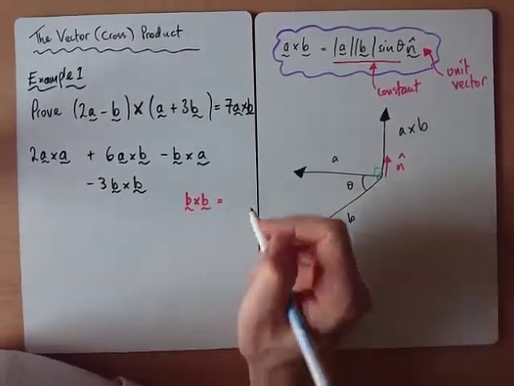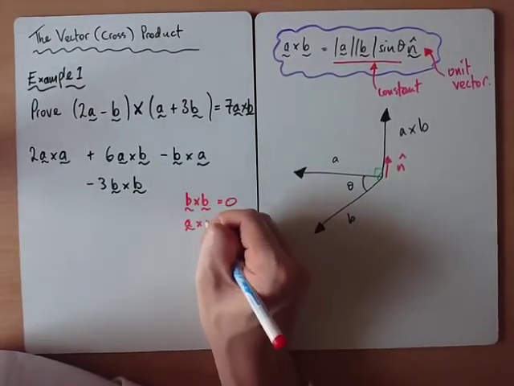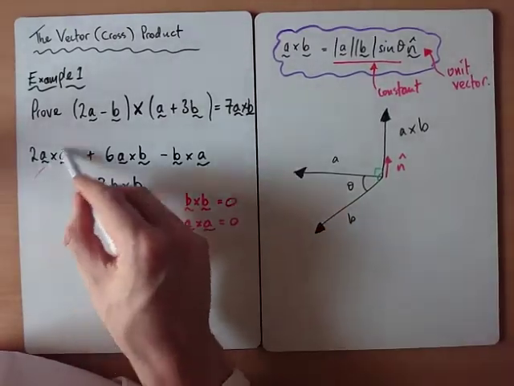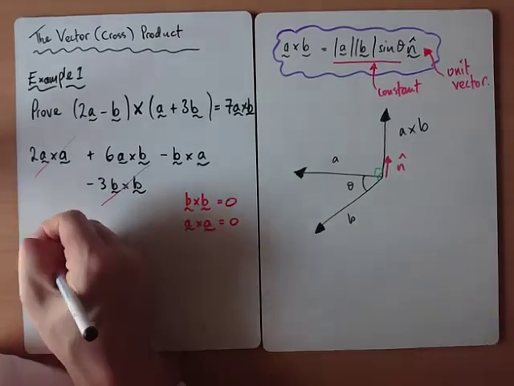So when we cross product parallel vectors, the answer we get is 0. So clearly they're going to cancel. And then let's see what we're left with.